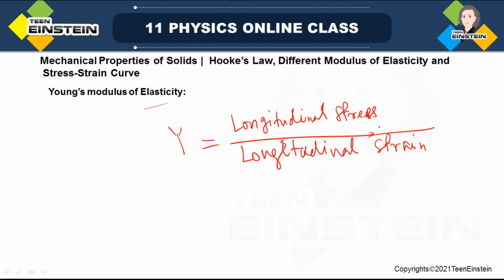And it will have a dimension, because strain does not have any dimension, it will be the dimension of stress. So M L to the power minus 1 T to the power minus 2 for all the moduli of elasticity.